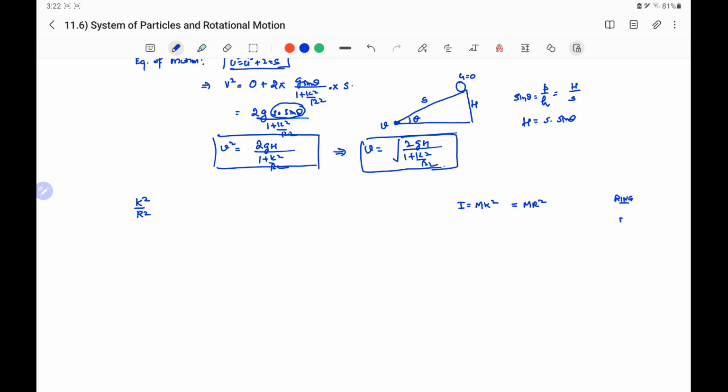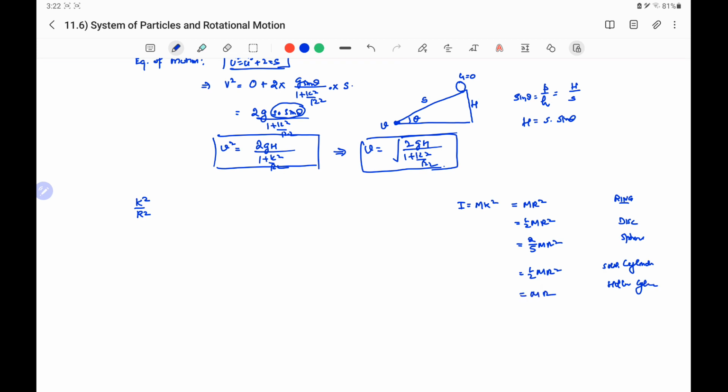If we take the disc, this value is half mr square. If we take a sphere, this value is 2 by 5 mr square. Similarly, if we take a solid cylinder, then this value will be half mr square. And if we take a hollow cylinder, this value will be mr square.